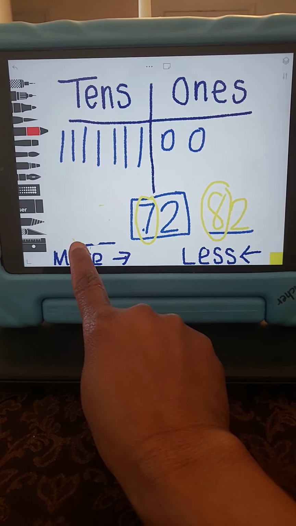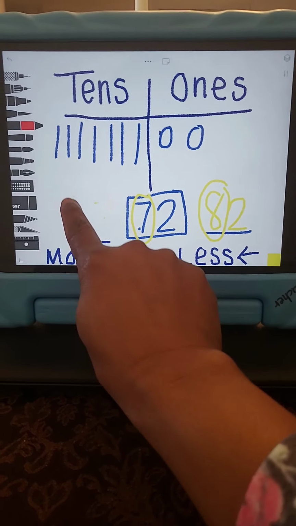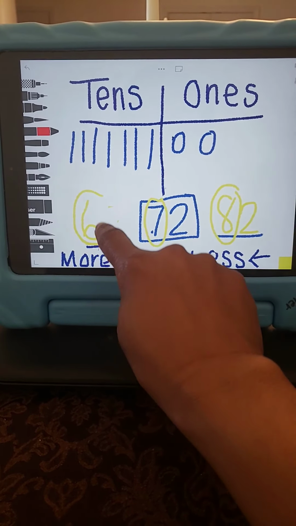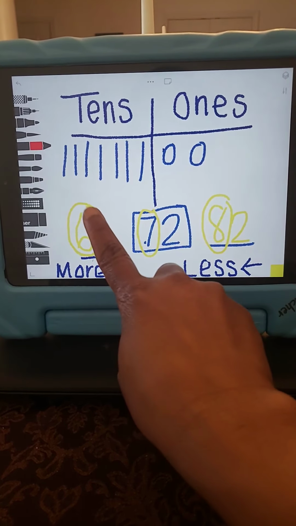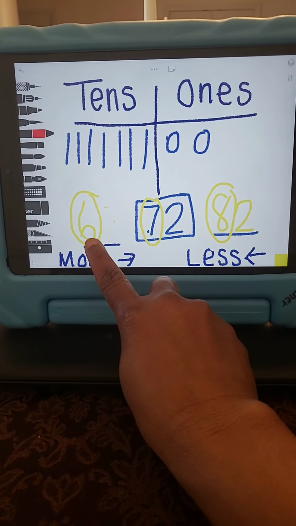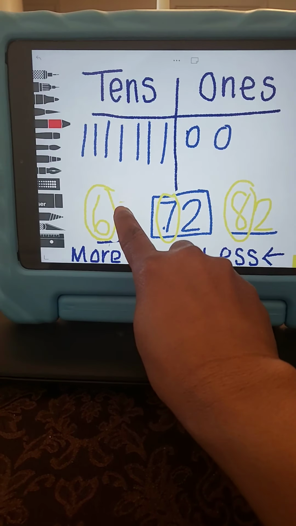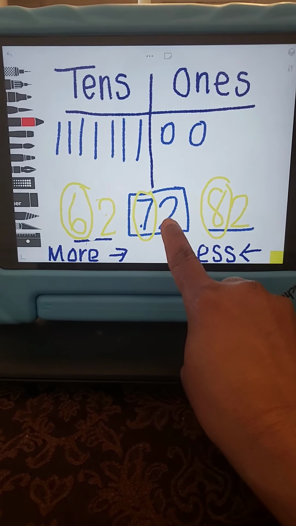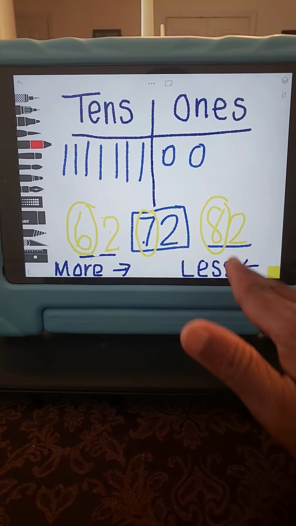Let's see. 1, 2, 3, 4, 5, 6. 6 comes before 7. And remember, the only number that's going to change is your 10s, which is the first number, and the 1s stays the same. 62, 72, 82. So these numbers kind of go in order.